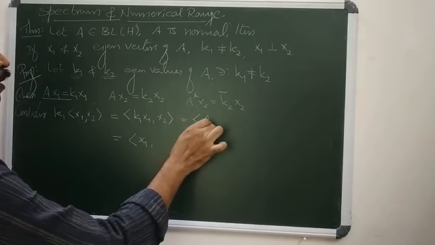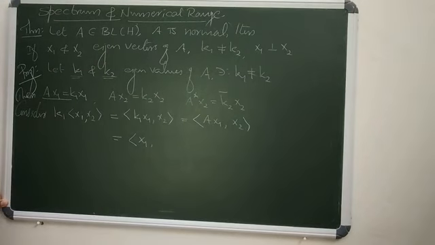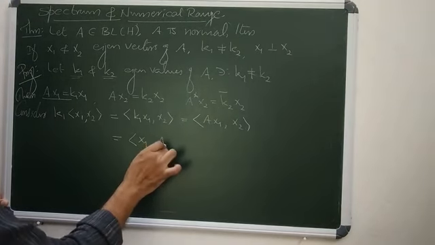It is Ax1. So it is the inner product Ax1 x2, which is the inner product x1 A star x2.